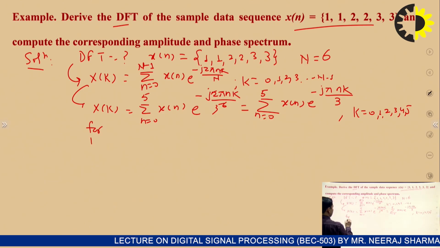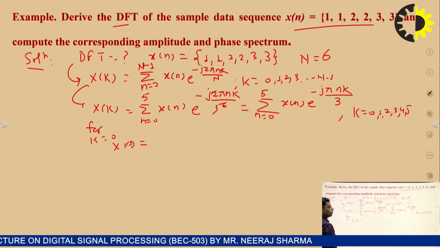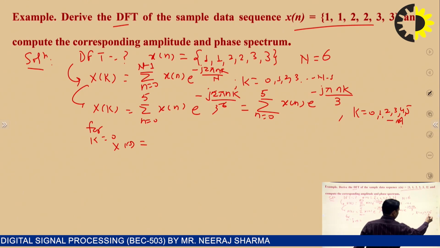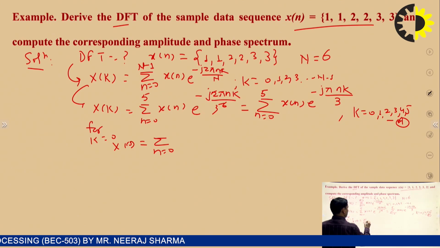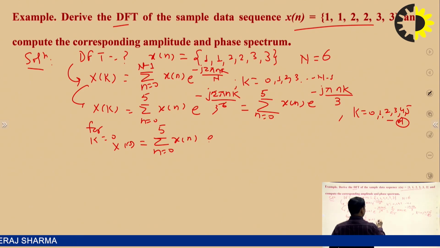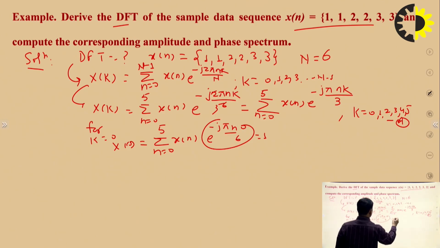For k equals 0, we will evaluate X of 0. Put this value in the equation, let us call it equation A. Now we put here the summation of n equals 0 to 5 of x of n e raised to power minus j pi n k upon 3. Putting the value, n k is 0, so this particular exponential will become 1.